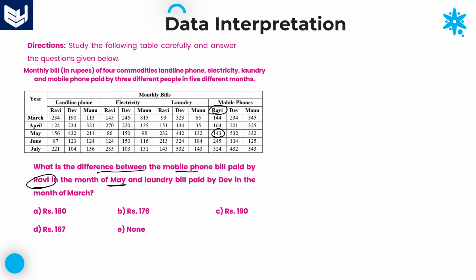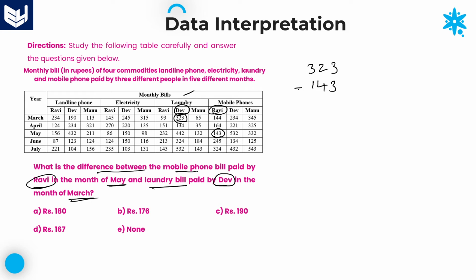May is the third one: March, April, May, 143. And next, the laundry bill paid by Dev. Laundry bill, that is this one, paid by Dev. Which month are we talking about? March. March value of Dev for laundry, that is 323.